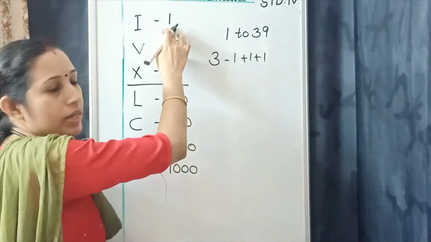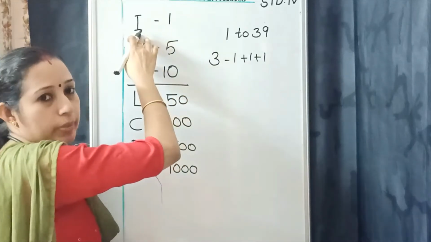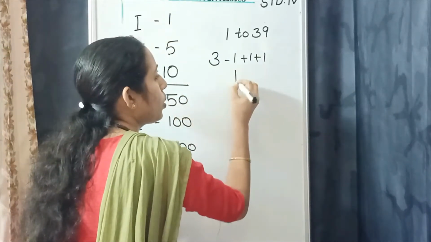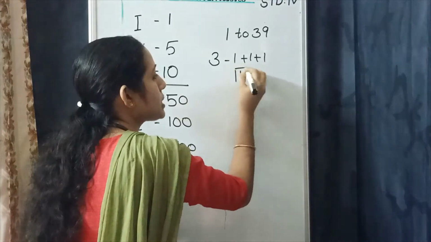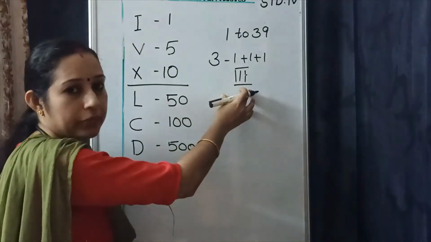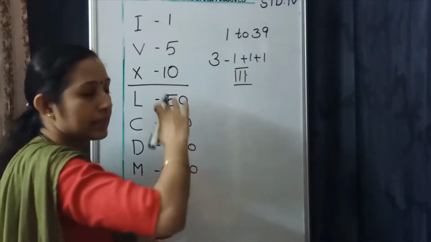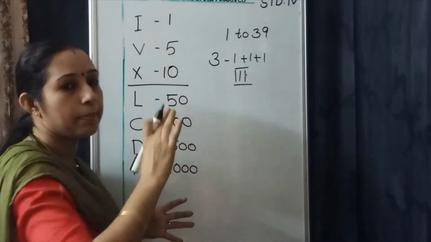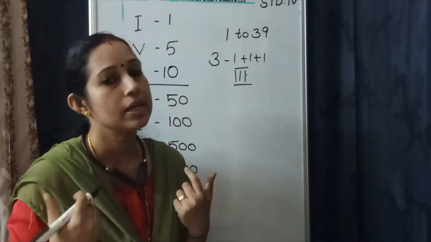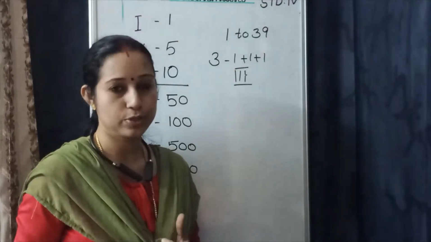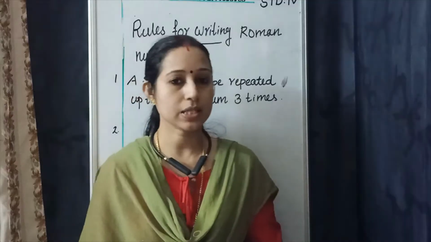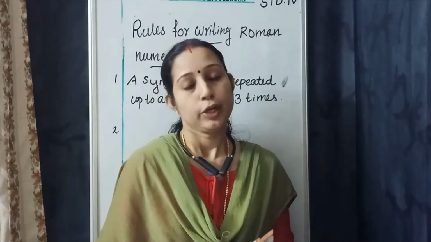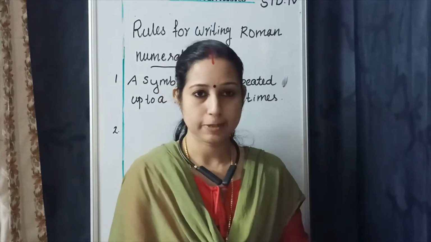We write 1 in the Roman numeral system this way, so this way we write 3. If you know these symbols, we can write the other numbers also.